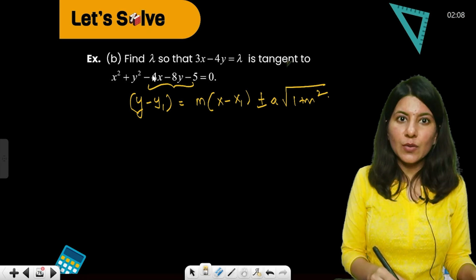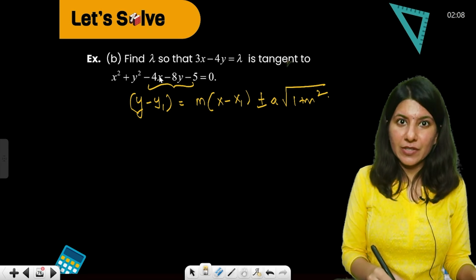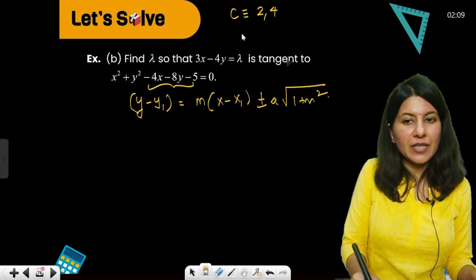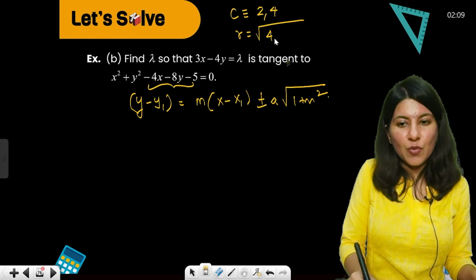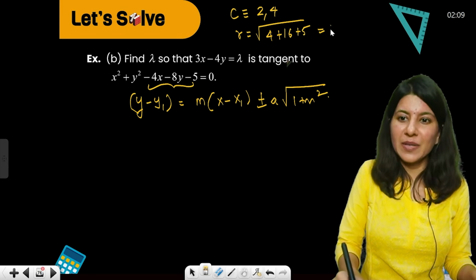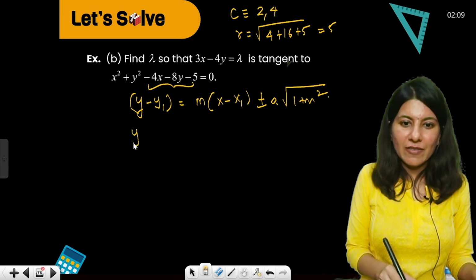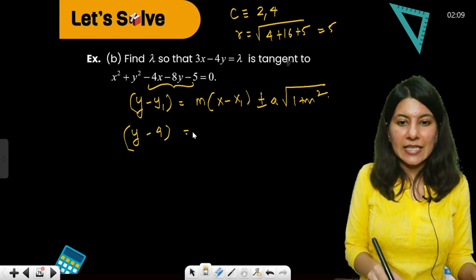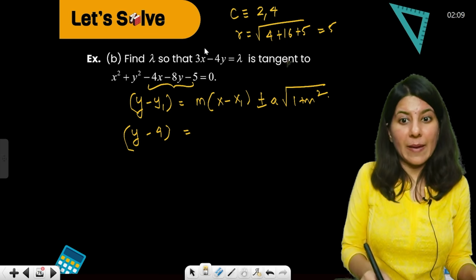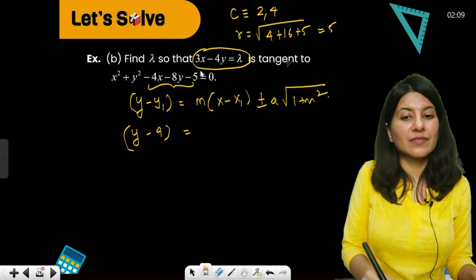Let us just calculate the center of the circle. The center of the circle will be 2, 4. Radius will be root of 4 plus 16 plus 5, so basically radius is 5. So again, y minus 4 equals m, and m we need to get from here.